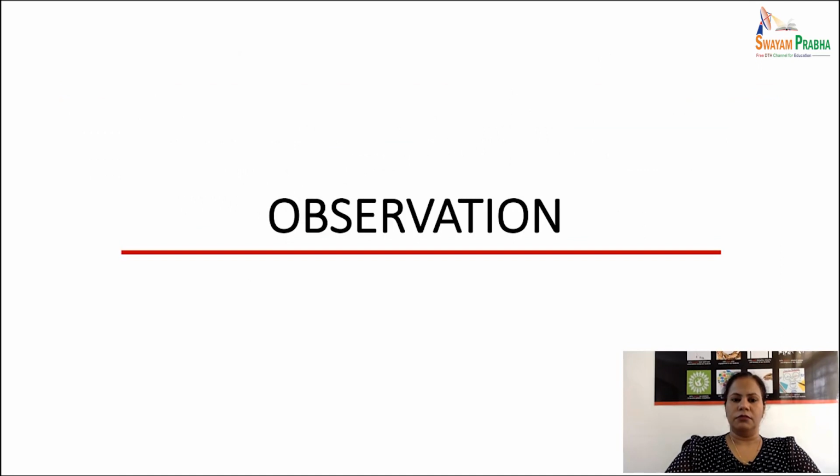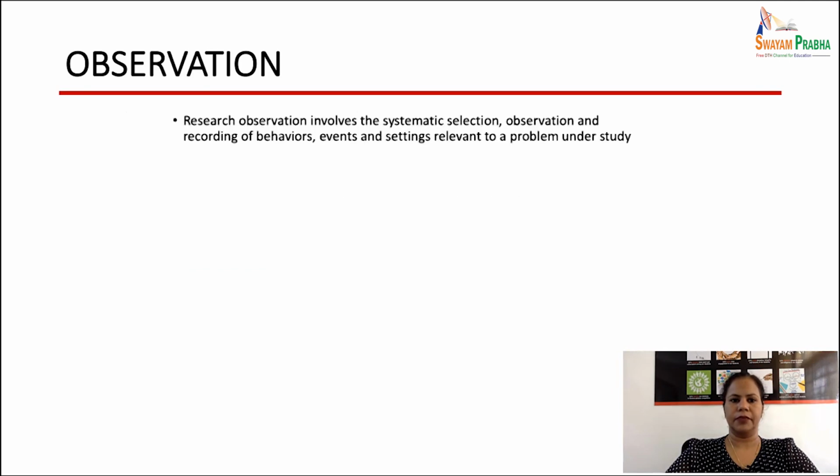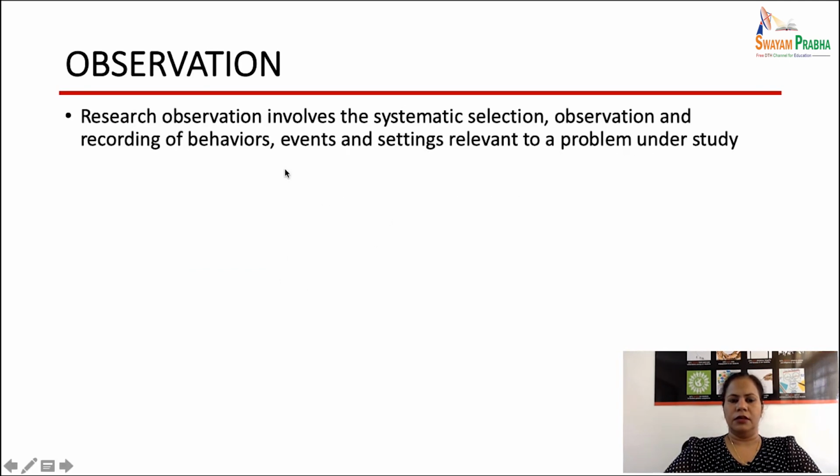Okay, so after biophysiological measurement, we will be moving forward to another type of data collection method, that is observation. And observation is used a lot in nursing studies. Research observation involves the systematic selection, observation and recording of the behaviors, events and settings relevant to a problem under study.